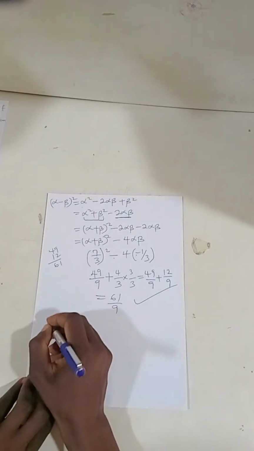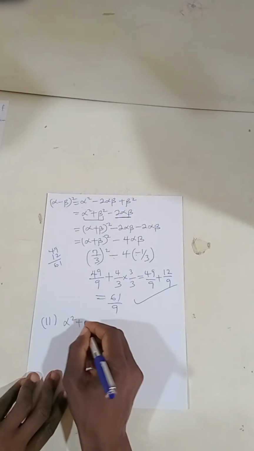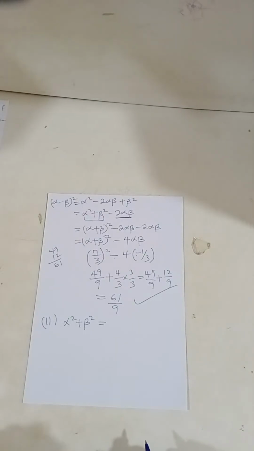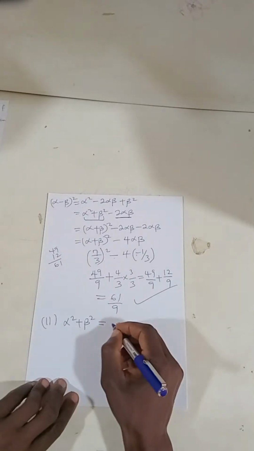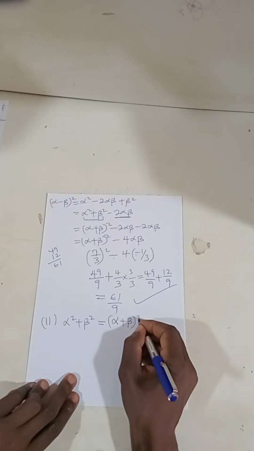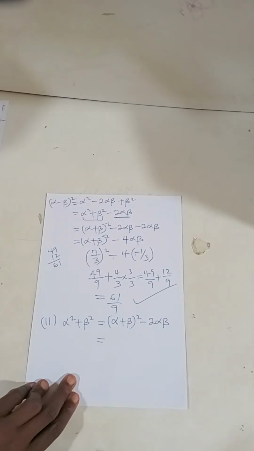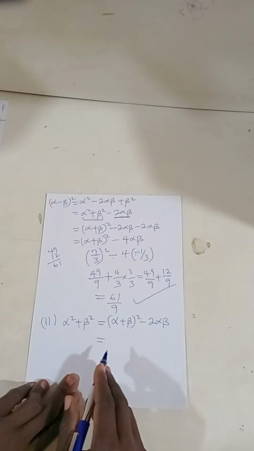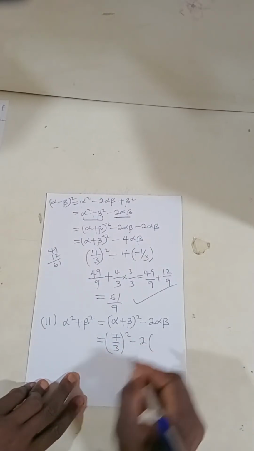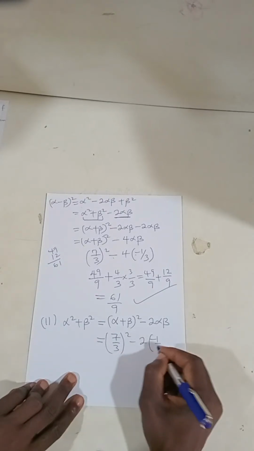And that will take us to the second one, alpha square plus beta square. Alpha square plus beta square has this identity: alpha plus beta squared minus 2 alpha beta. Alpha plus beta has the value 7/3, squared, minus 2 times alpha beta, the product of the roots, which is minus 1/3.